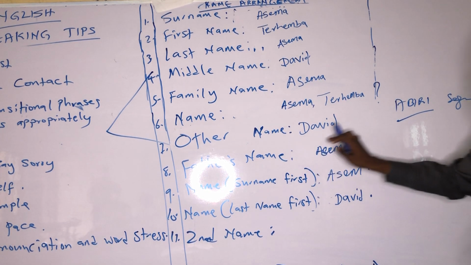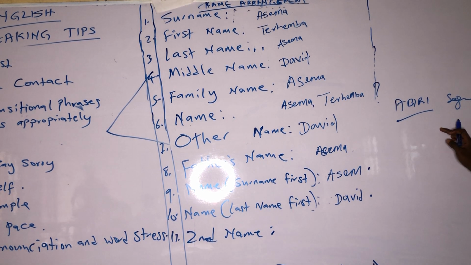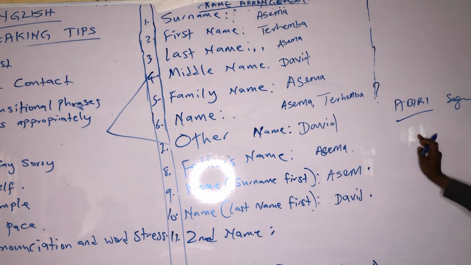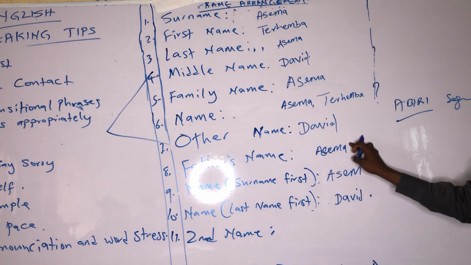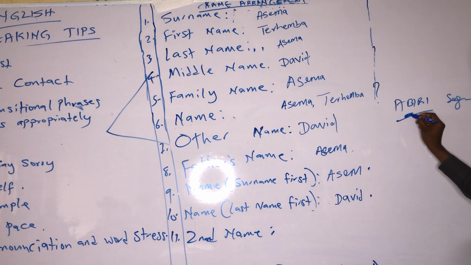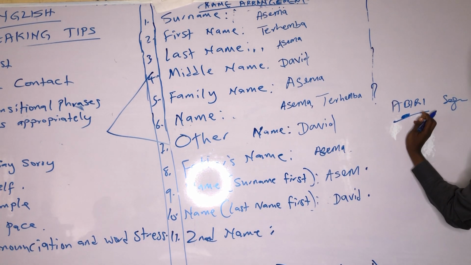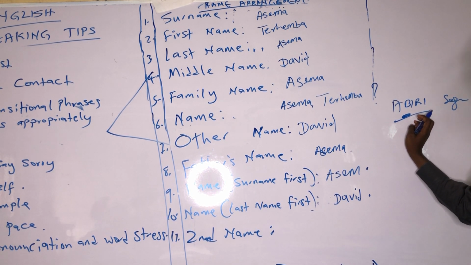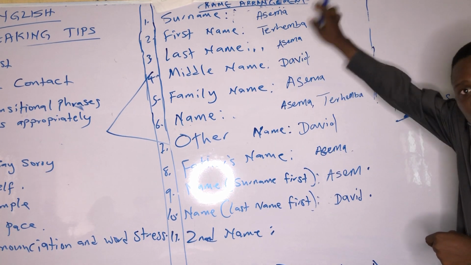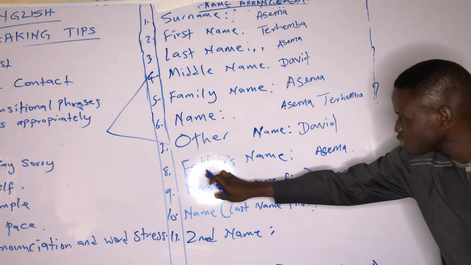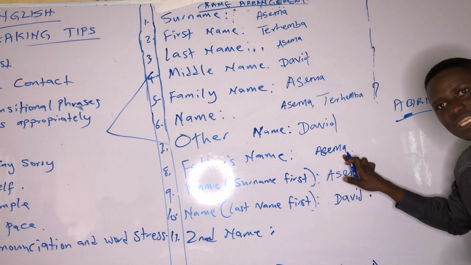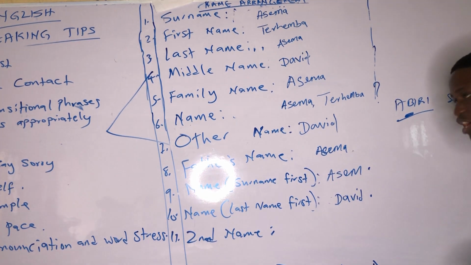And for this father's name, I only have to choose between these three. I can't give them my father's name is Abiola. I can't put Abiola here. So I have to put this Abiri, which is my great grandfather's name, which is my family name, which is my surname, which is my last name, and that will not signify my father's name here also, because I need to only pick from these three.